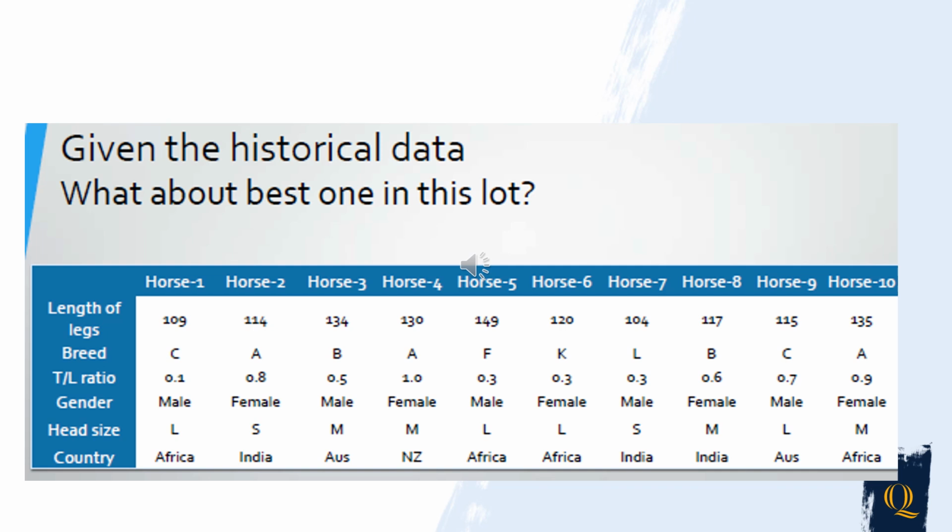Now, if we look closely at the table, horse 5 has the highest leg length. Breed A, TL ratio of 0.3, is male and has a larger head size. However, it's from Africa, which is a negative factor.